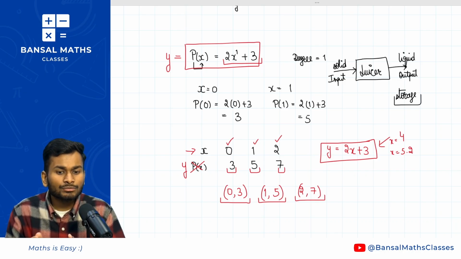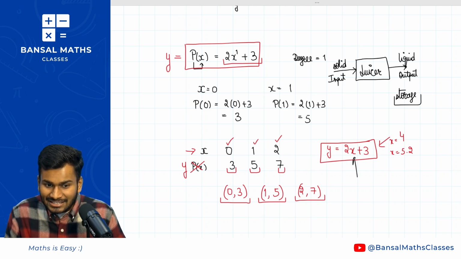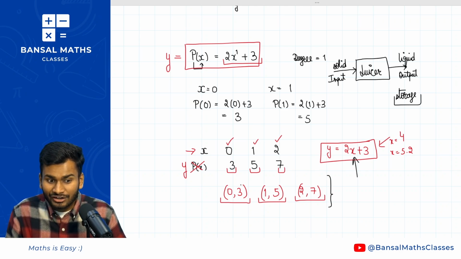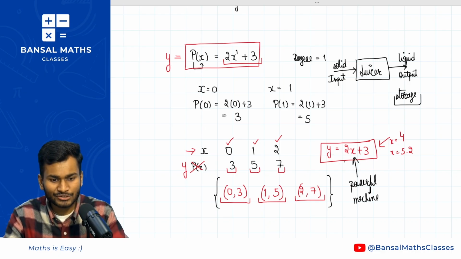Obviously, that is how things work in real life also. If you're giving some input, you will definitely get some output, right? So that is what we are doing here. This particular thing is generating coordinates. This is the powerful machine we are talking about. And we can say that this is an equation of a line. Why an equation of a line?